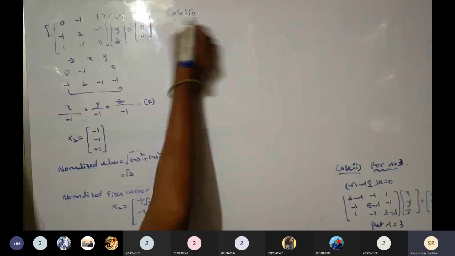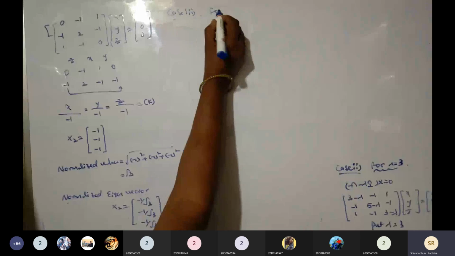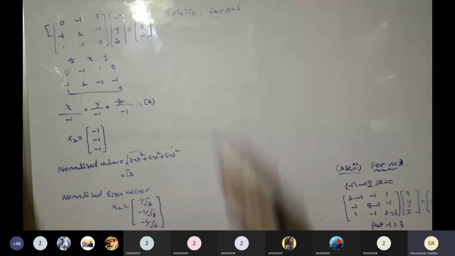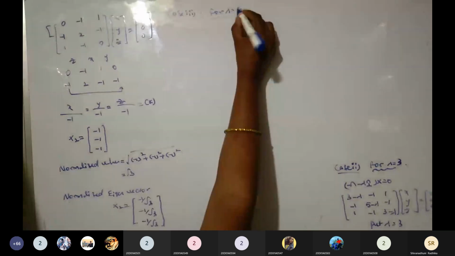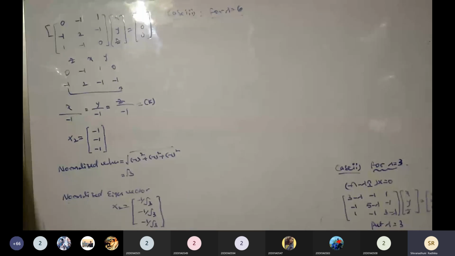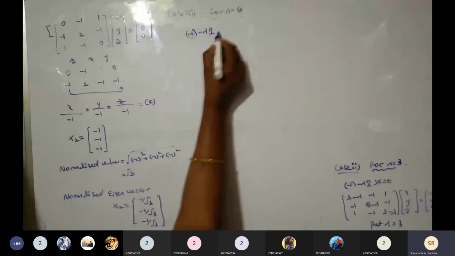What is case 3 here? For lambda equals 6. Is it clear? The last eigenvalue is 6. Now the matrix form is A minus lambda I into x equals 0.